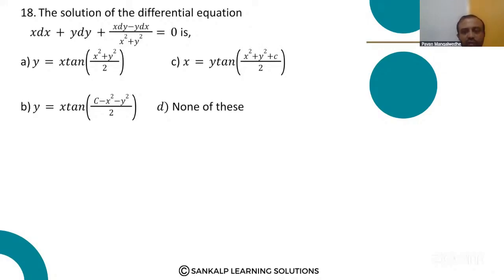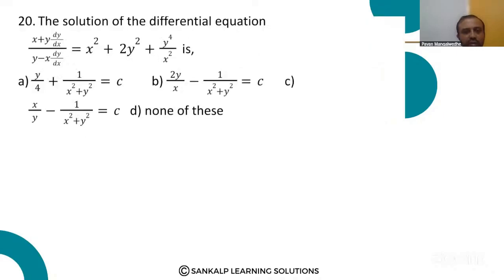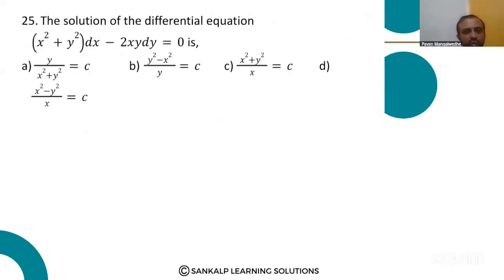Take screenshots of these. If you attempt these questions, it is good preparation for the CET. This may come in the CET, the solution of the differential equation. I think it came in 2018 or so.